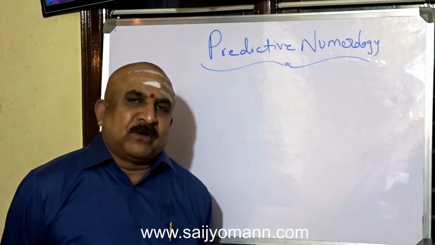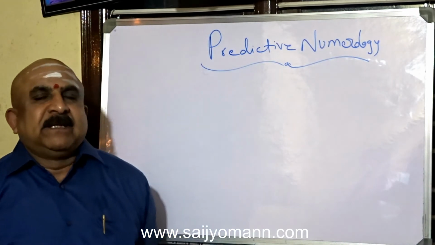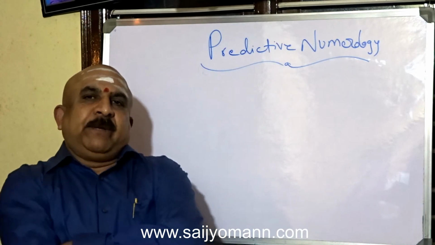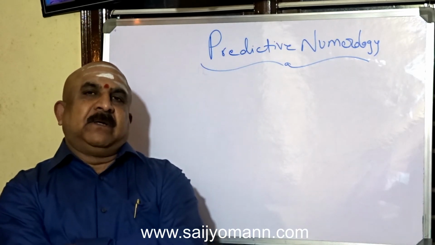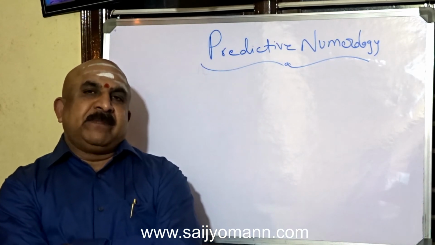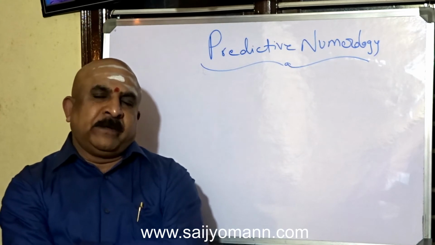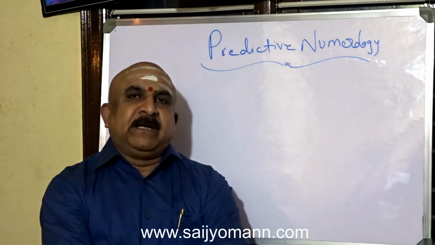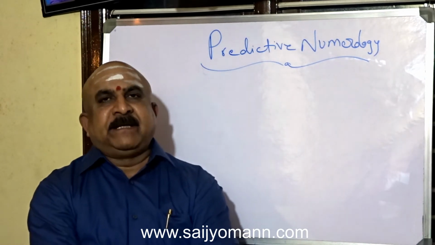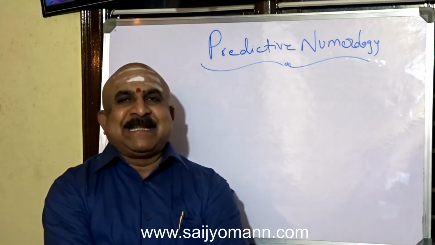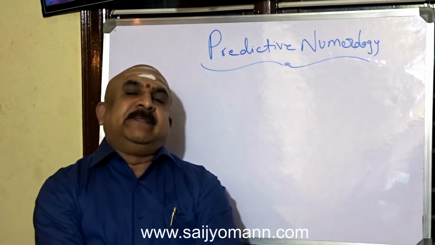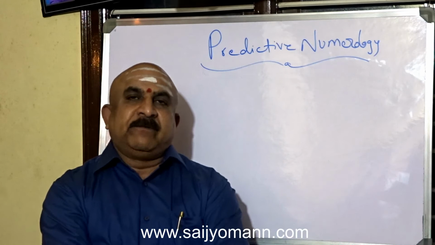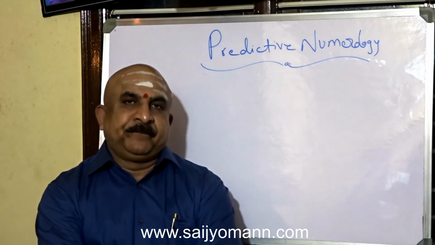Usually every child, according to its destiny, will have some obstacle or the other. But if we design the name, or use the name in such a way that it correlates with the Vedic number, or is exactly the Vedic number, then the child will face no hurdles in life. The life will be running smoothly.